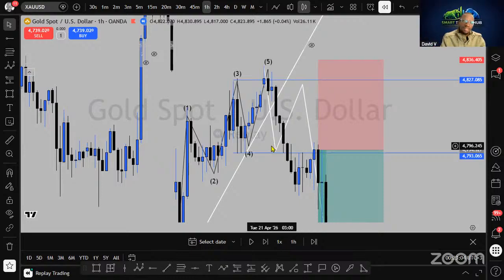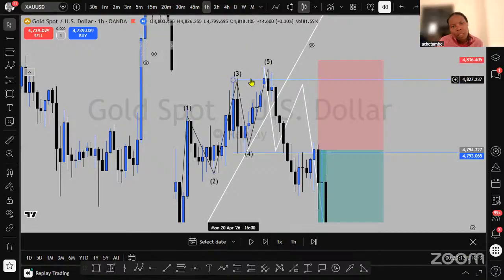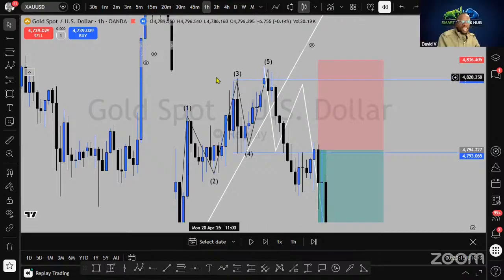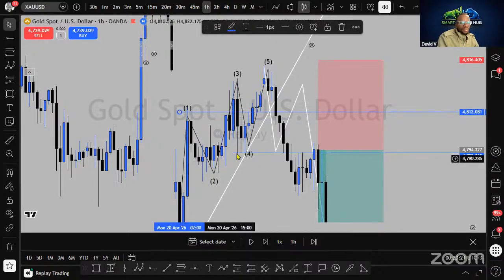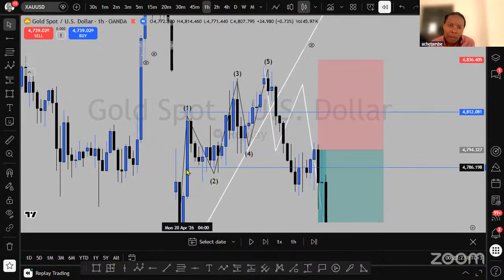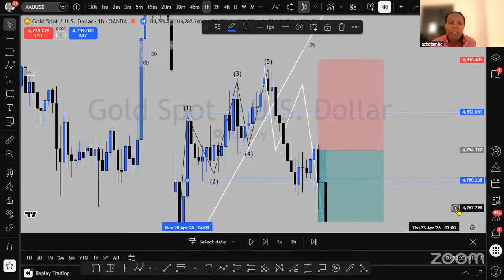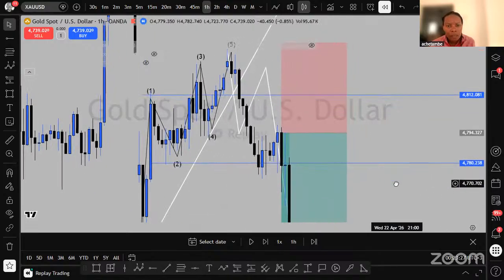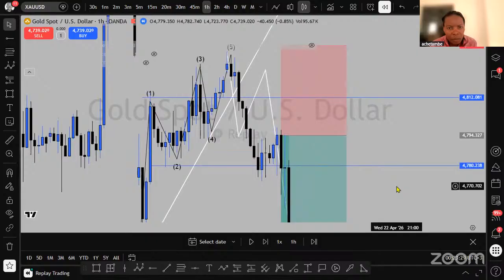We were considering number 5, but technically, remember I said these were almost equal highs. So technically, if these were equal highs, then was our shoulder this one? So our shoulder was 1 and 6.